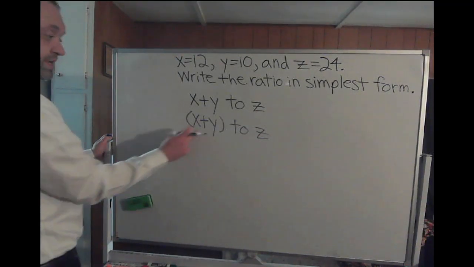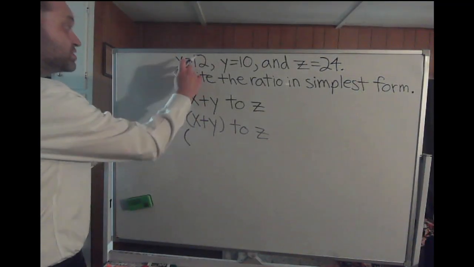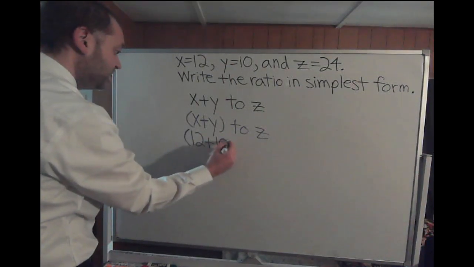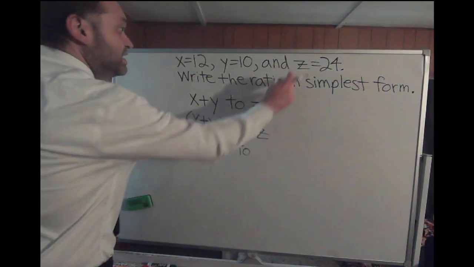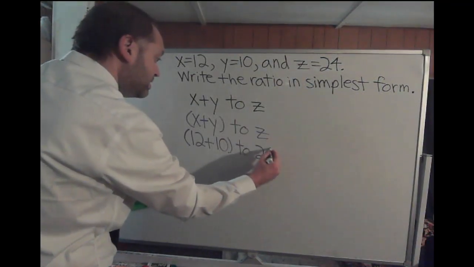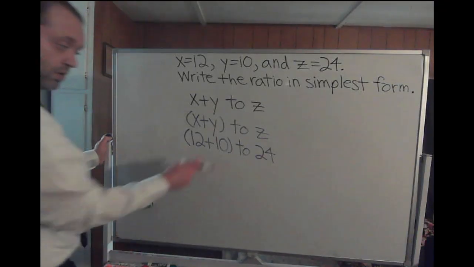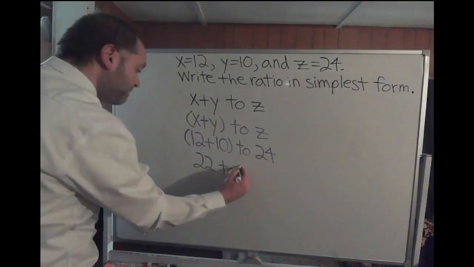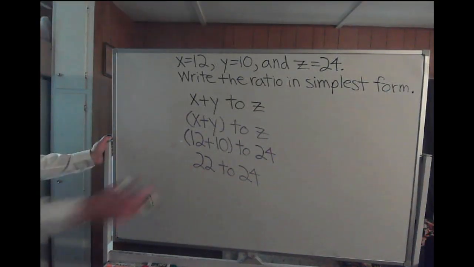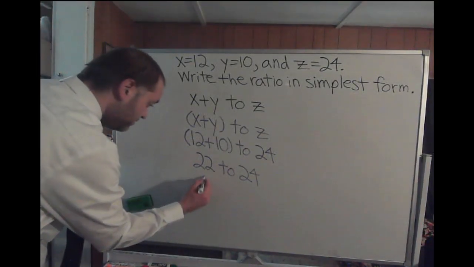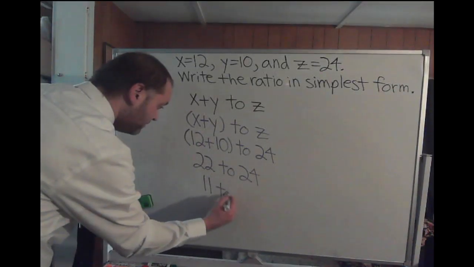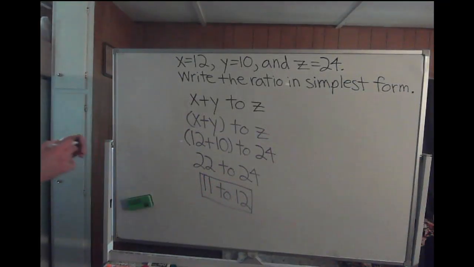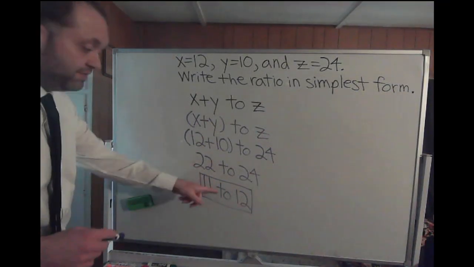And then let's deal with the x and y terms in the parentheses. x is 12 plus your y term of 10, to your z term, which is equal to 24. So now we have 12 plus 10 to 24. Well, 12 plus 10, that's going to be 22 to 24, which 22 and 24 both have a common factor of 2, giving you the ratio of 11 to 12. So the answer for this problem would be 11 to 12.